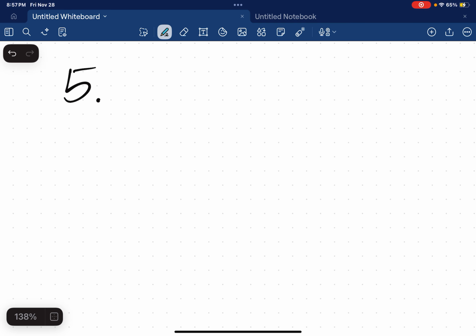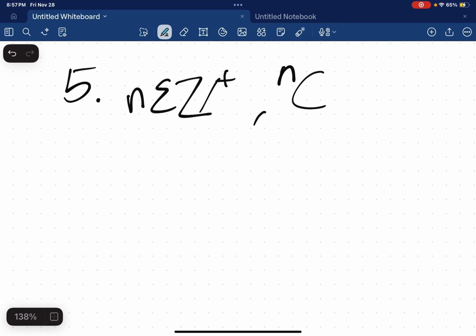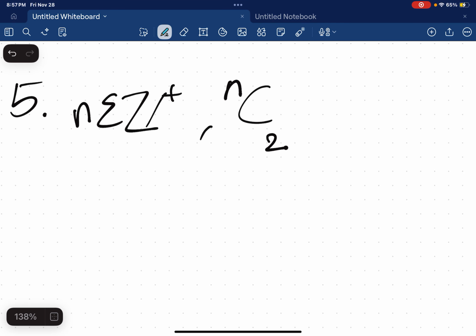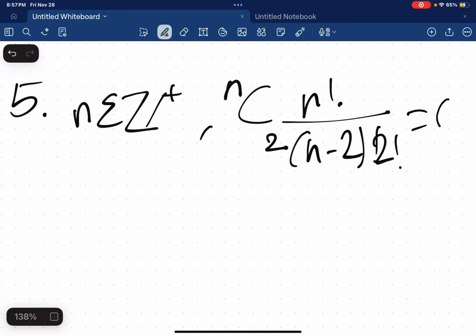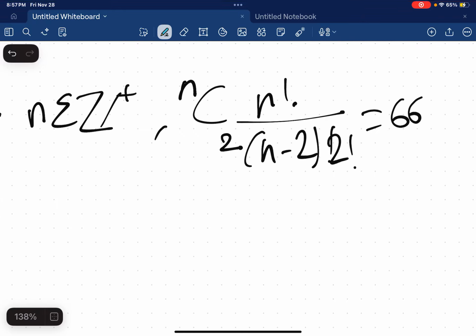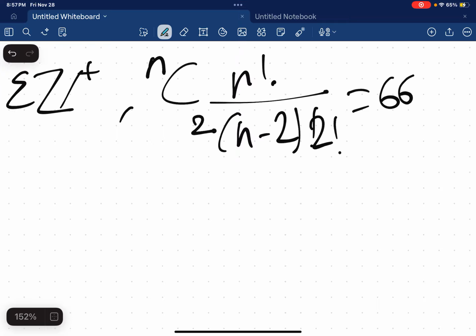We're going to combinations now, for n which is an element of the positive integers. We're going to have n choose 2, which is n factorial over (n minus 2) factorial times 2 factorial, is equal to 66. And our task here is to find out what n is.